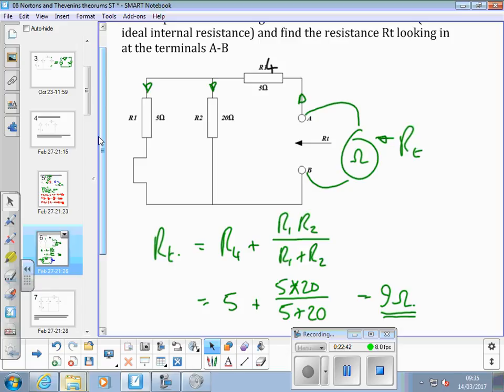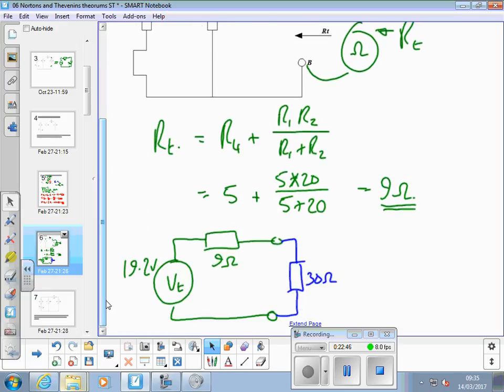To any load that you put on the end there, Thevenin's done. Find the current.